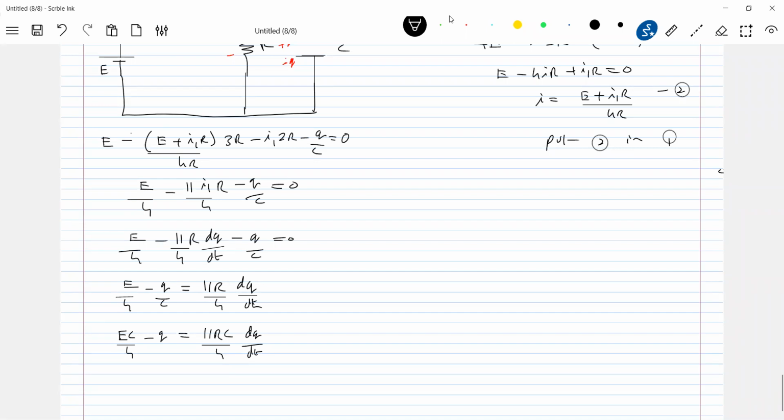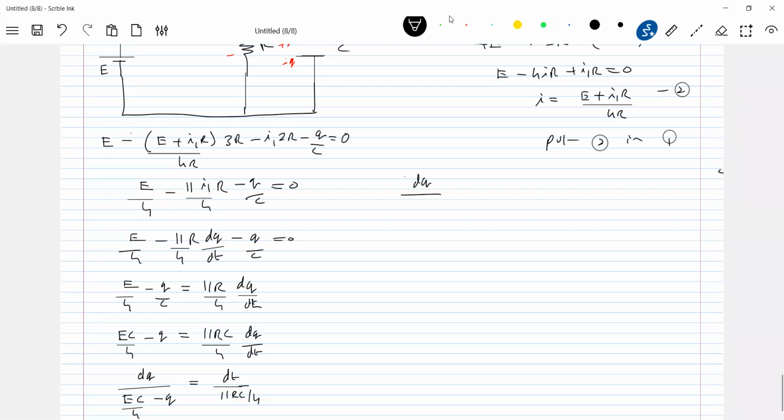So after rearranging this, dq... this 11RC by 4 will be the time constant of the circuit during charging.